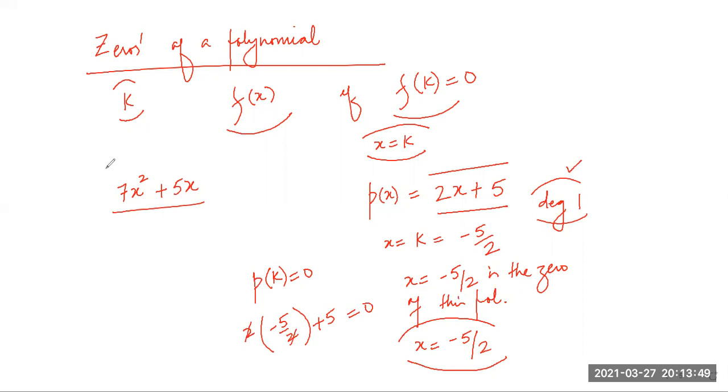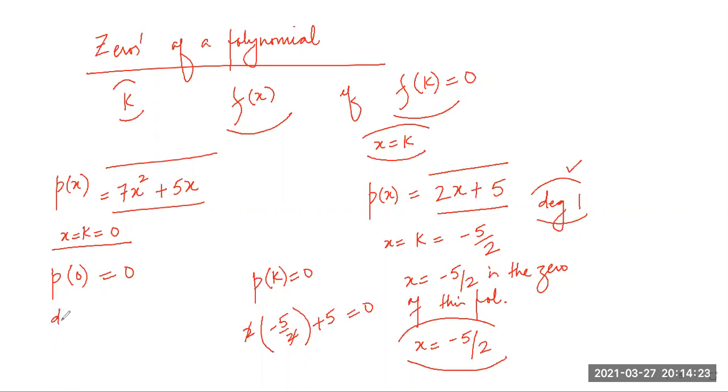If you just see this polynomial, students, P of x is equal to 7x square plus 5x. Now, I can always say that x is equal to k is equal to 0 is one zero of this polynomial. Am I right or wrong? Yes, x is equal to 0 is one zero because P of 0 is equal to 0. When I put the value for x is equal to 0, the value for the polynomial vanishes.